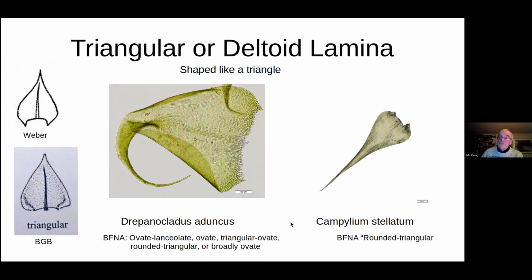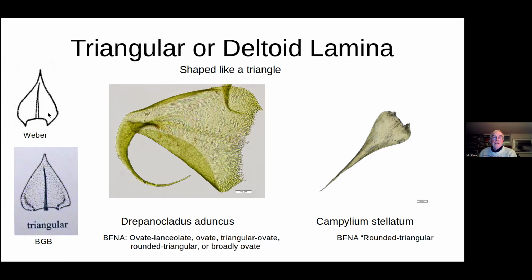And then I came across Campyllium stellatum, which BFNA calls rounded triangular. I thought that was kind of interesting because it's, I guess, kind of triangular, but I think the main point is that the widest point is way down here, and then it goes up to a point.